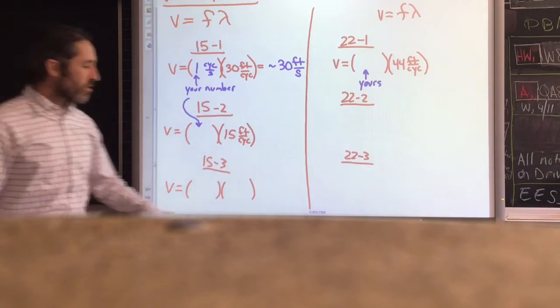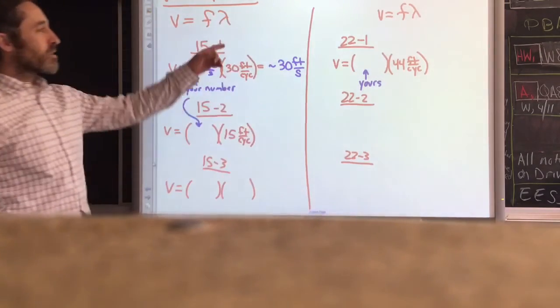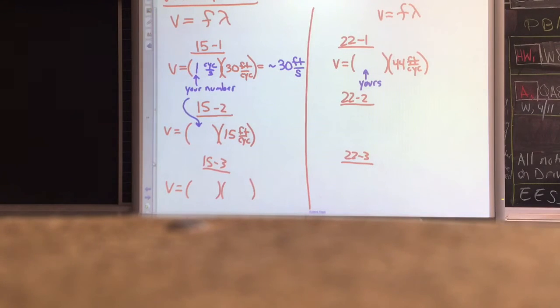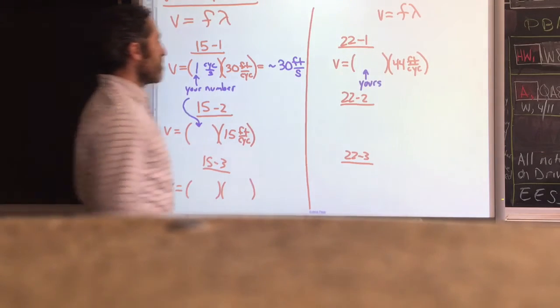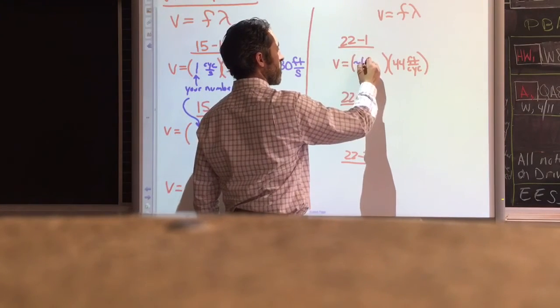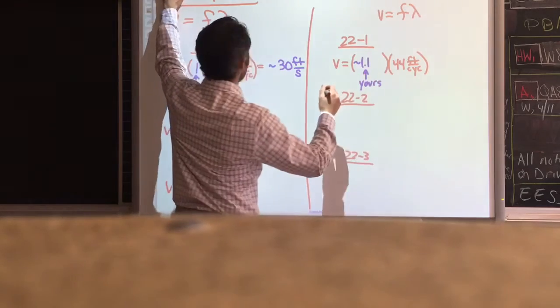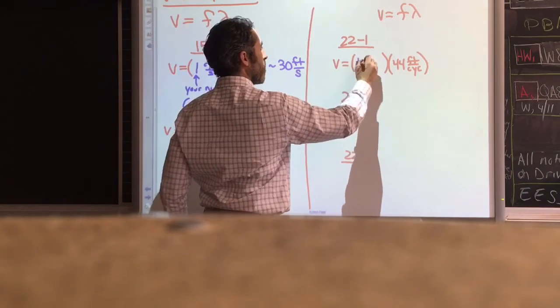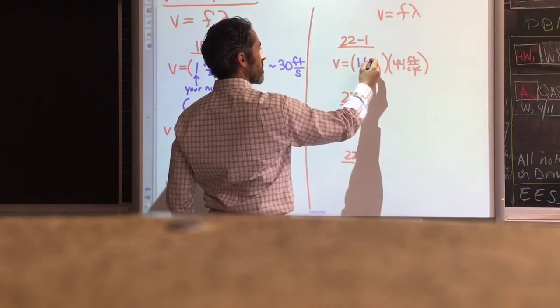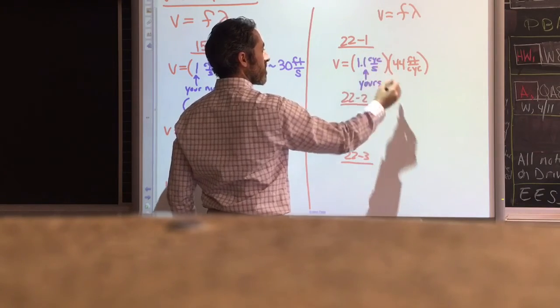So once you have this all calculated, there's a couple of questions you're going to have to do as well. I'm just curious, by the way, what were your frequencies for the 22.1? 1.1? So you may get a number somewhere around 1.1, in cycles per second.